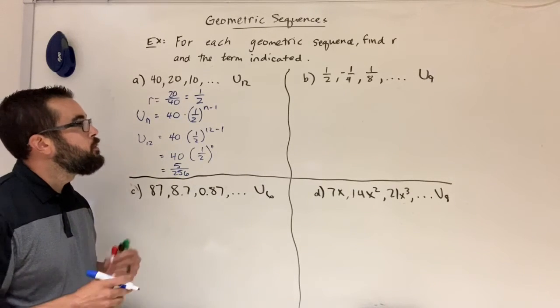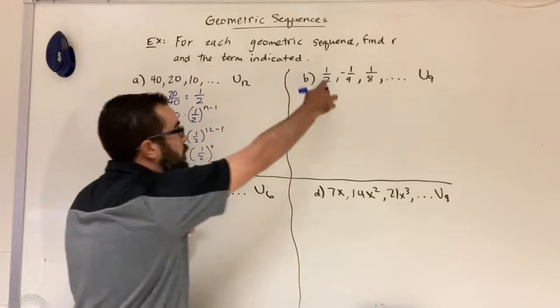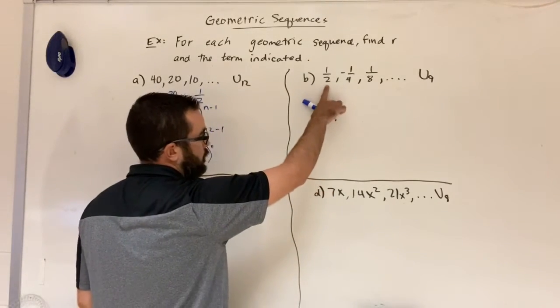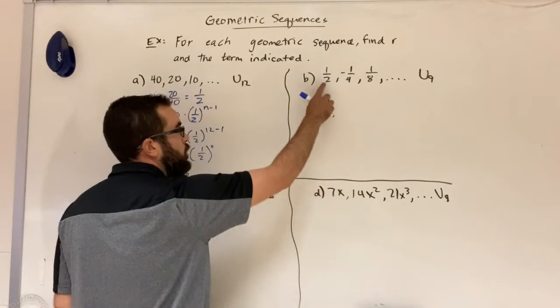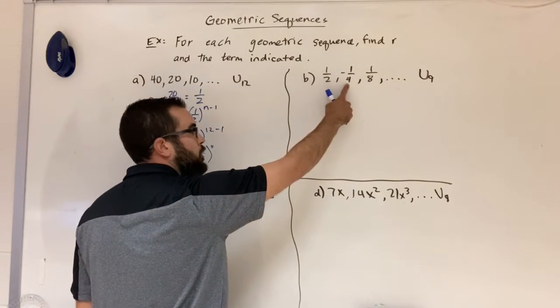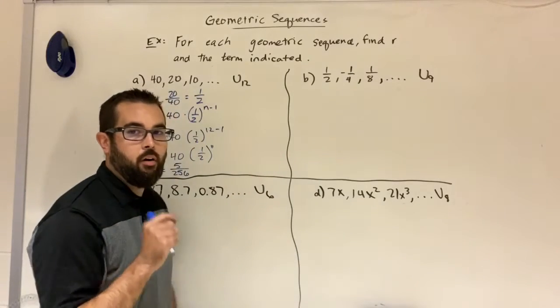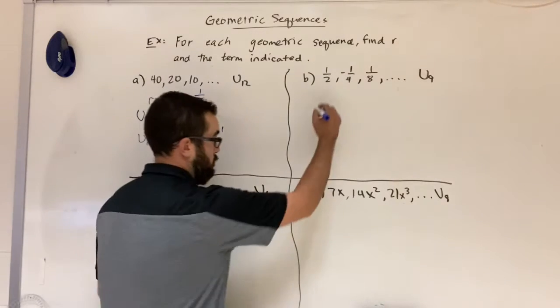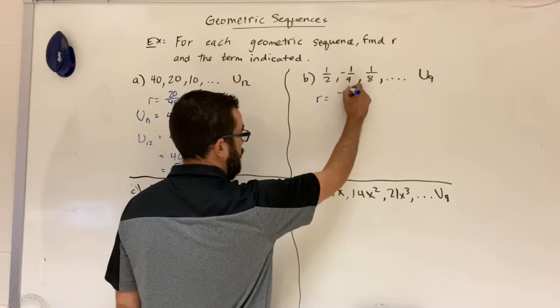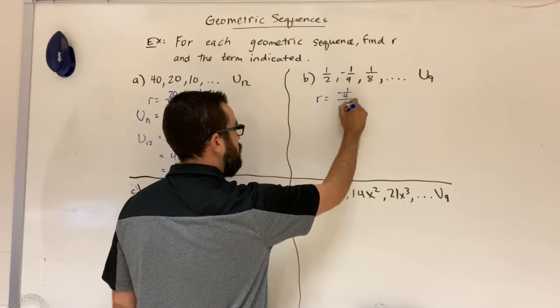Okay, so moving on. Part B, we have a little bit tougher sequence. 1/2, negative 1/4, 1/8, and then dot, dot, dot. Notice it's changing from positive to negative. That's an indication that our common ratio is going to be a negative number. So to find that, we would do negative 1/4 divided by 1/2.